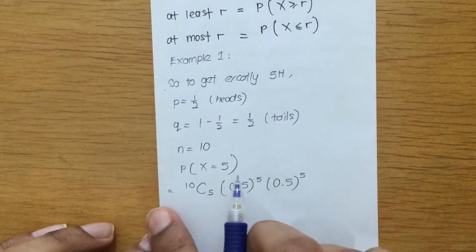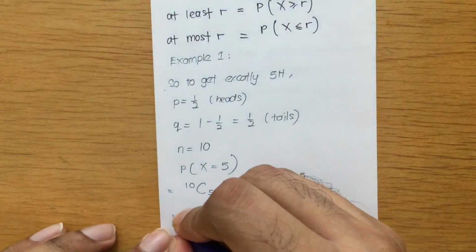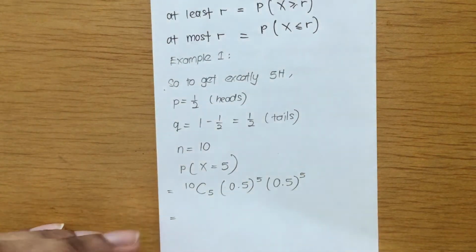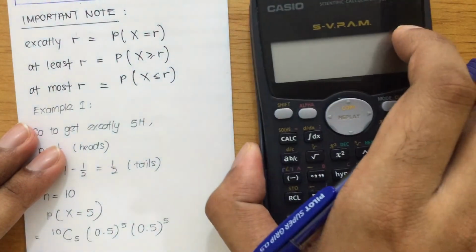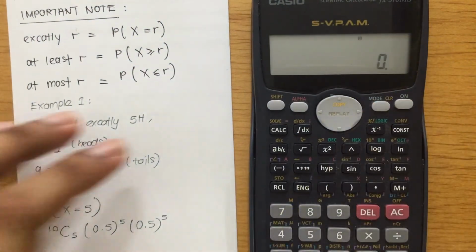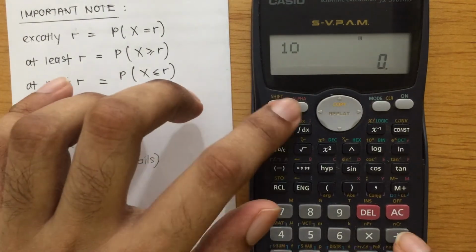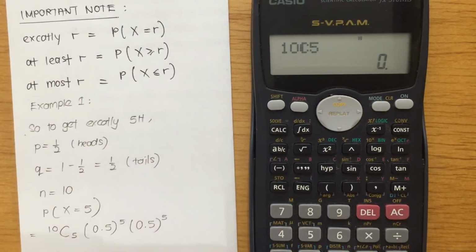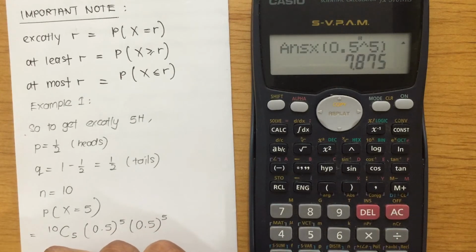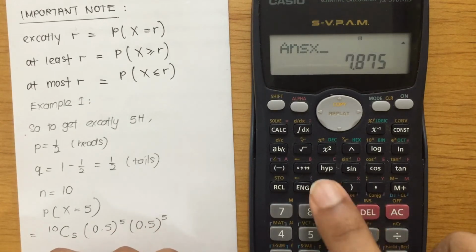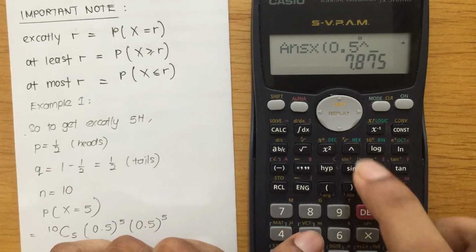So this is one of the cases. You calculate over here. Let me show you the calculation of how to do this. 10C5 gives 252, and then you times with 0.5 to the power of 5, and then times with 0.5 to the power of 5 again.